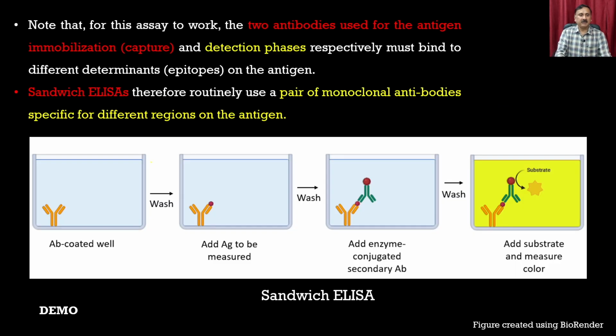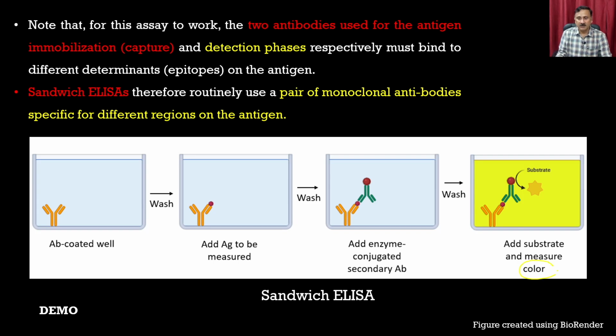So basically you first put the capture antibody onto the wells, then you add the antigen, right? The capture antibody is going to bind the antigen, and then you use another antibody which binds another epitope of the same antigen, and then you add the substrate and it gives you the color, right?